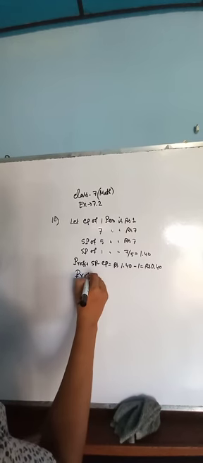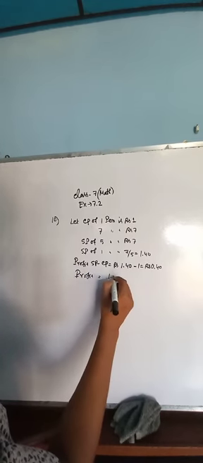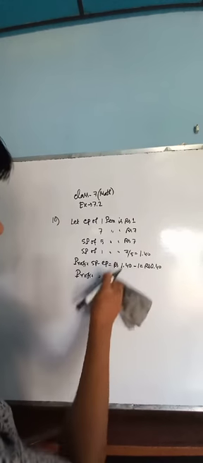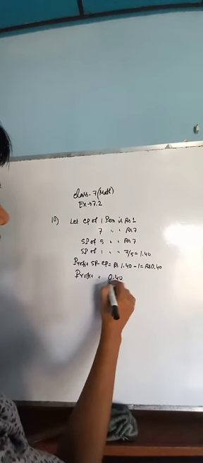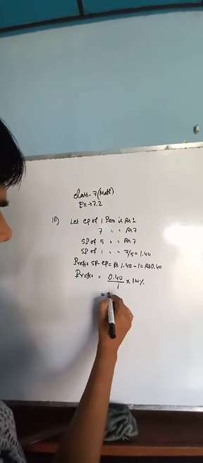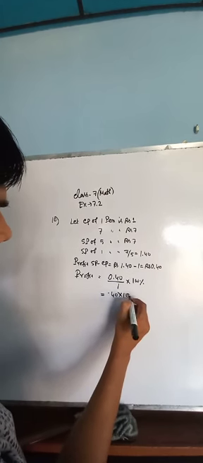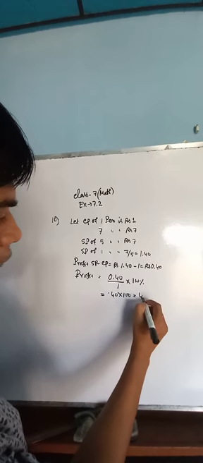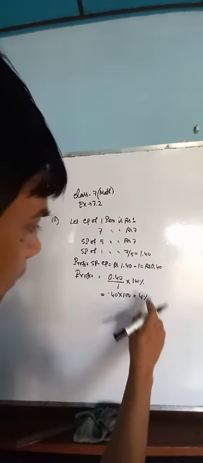Now the profit percentage is 0.40 over cost price 1 into 100%. That means 0.40 into 100, which is 40%.